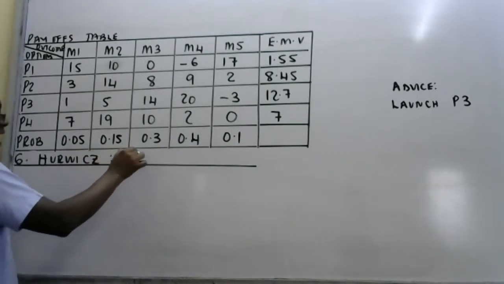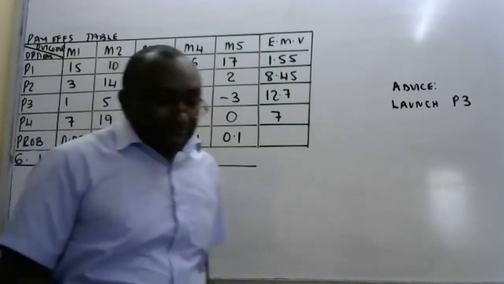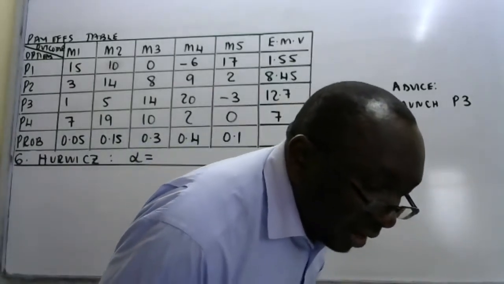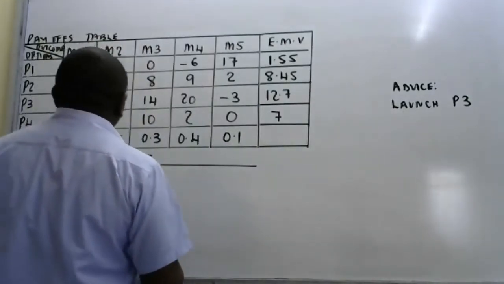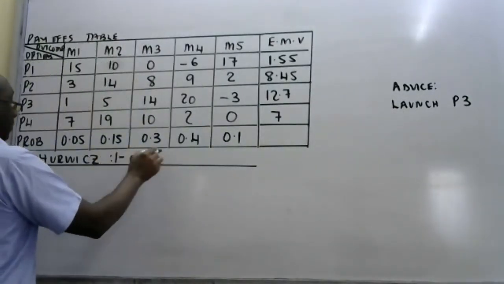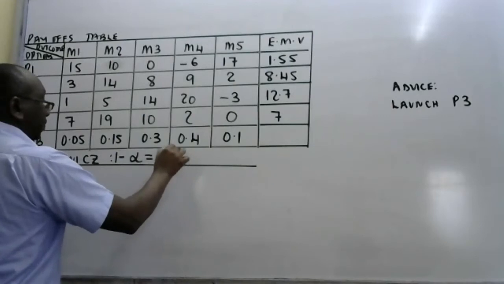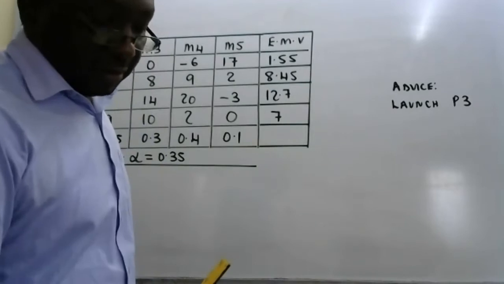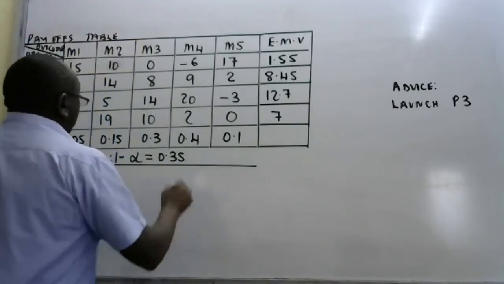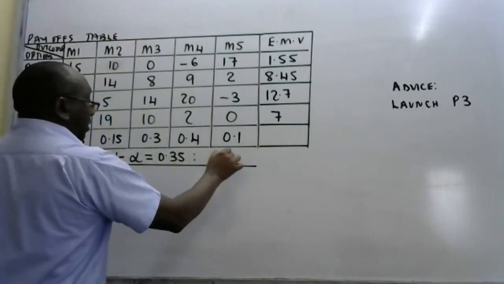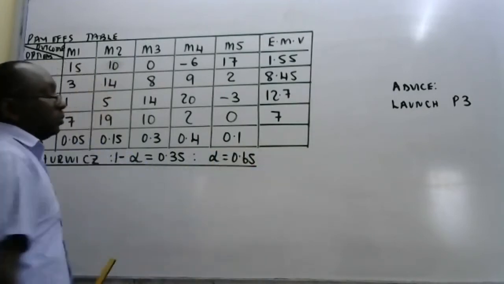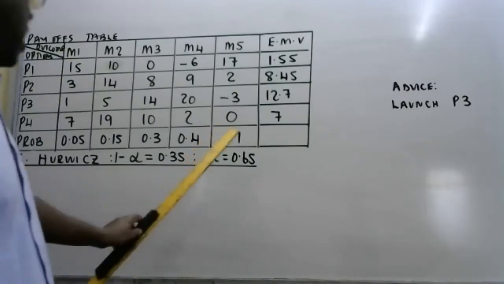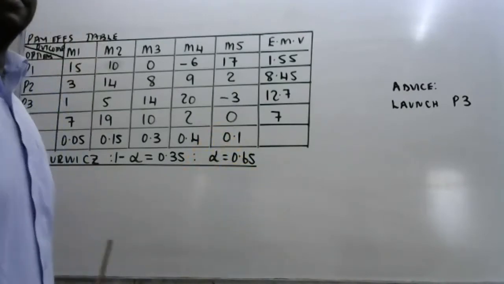And here we are told alpha to be 0.1... minus alpha is 0.35. So that means alpha must be 0.65. That is what they give in the question. It means that alpha must be 0.65.